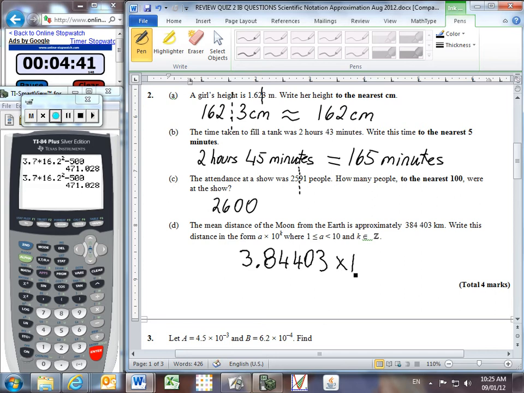How many times did I move the decimal place? Let's see. If I knew it had to end up here, I moved it 1, 2, 3, 4, 5 places. Is it a positive 5 or a negative 5? Well, because our number is a very large number, it must be a positive 5. And let's just check the mark scheme.